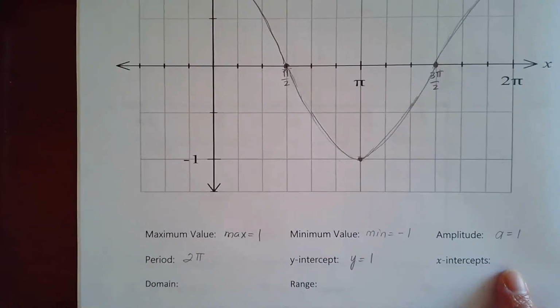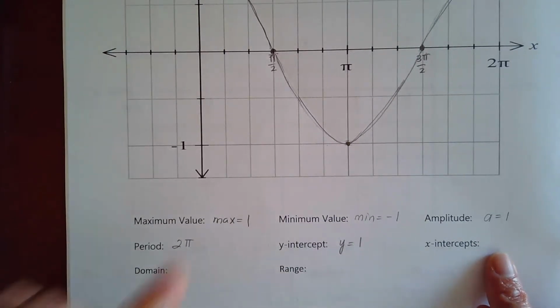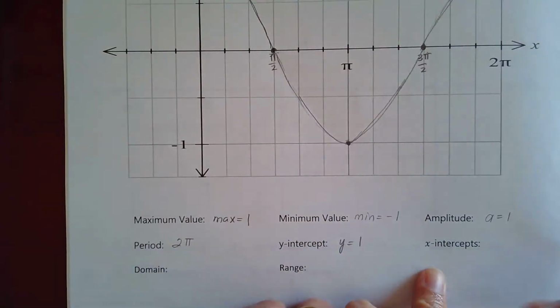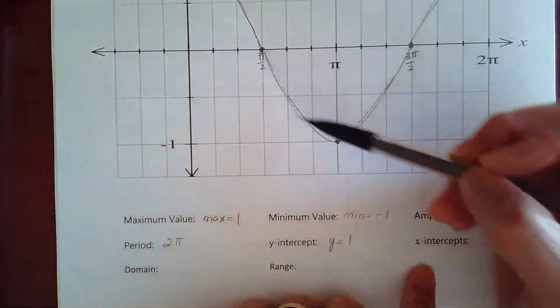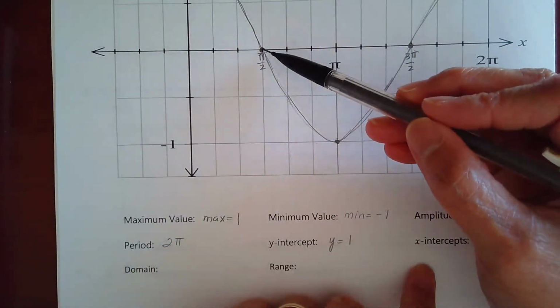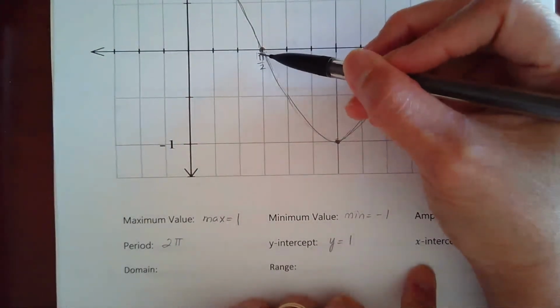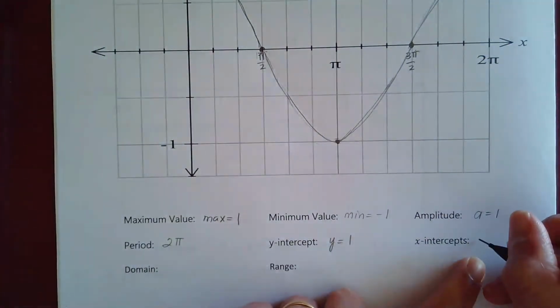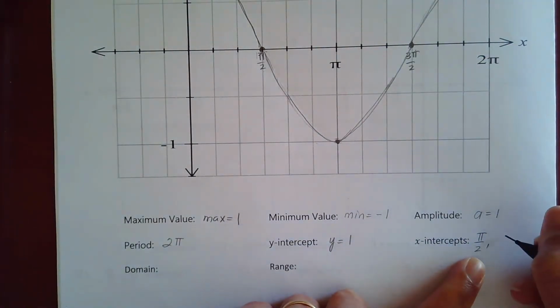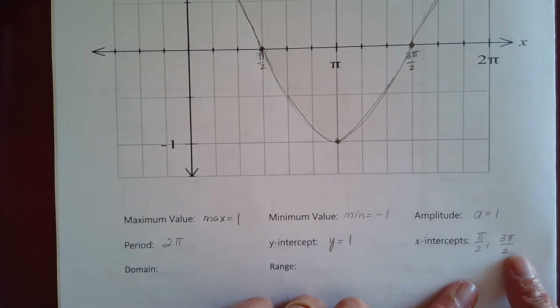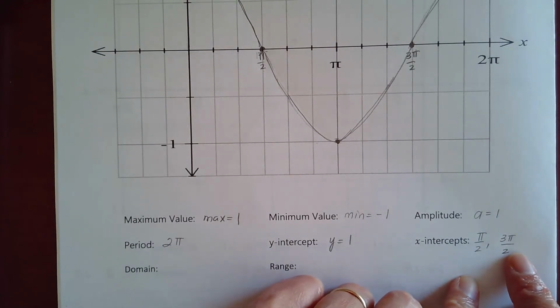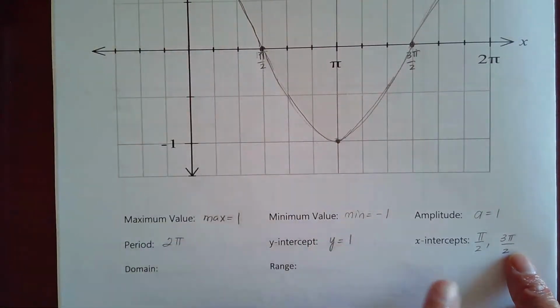X-intercept is where the graph crosses the x-axis. We've known that for quite some time. In this particular case, the x-intercepts are pi halves and 3 pi halves. We only have two x-intercepts here because our domain is limited from 0 to 2 pi.